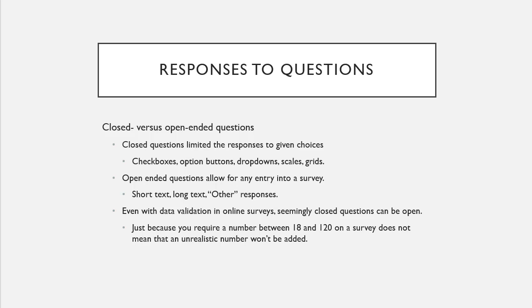For example, with an open-ended question, we can require that when they type in what city they live in, they give us at least 3 characters. There aren't a lot of city names that are fewer than 3 characters. So we're keeping people from typing in just the letter A and moving on just because they don't want to answer the question. They want to get to the end of the survey. We can require those kinds of things. But remember, somebody can type in whatever they want to, even if they're given a certain amount of characters.